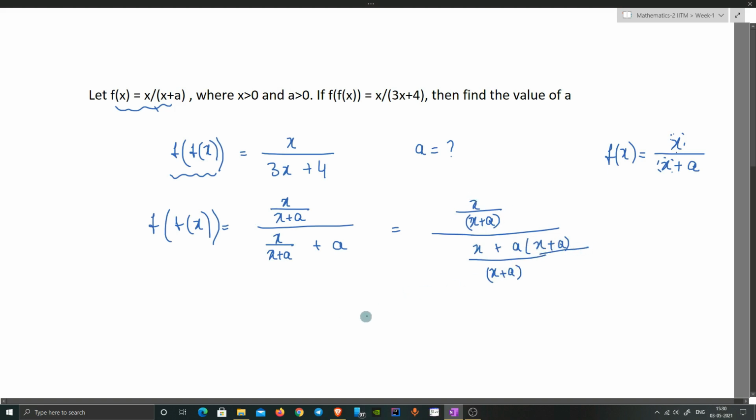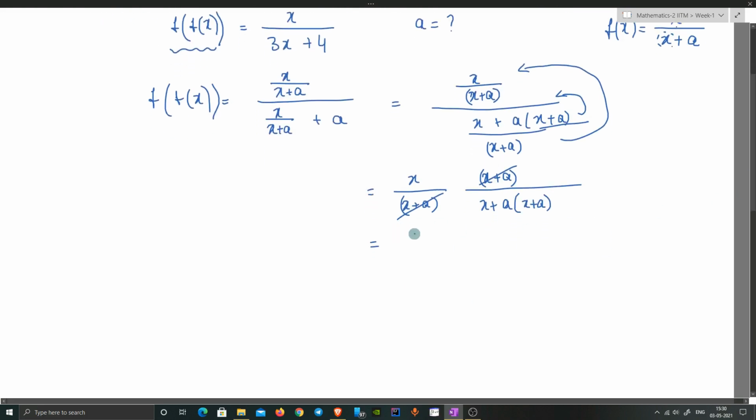Now this can be written as x divided by x plus a, whole divided by x plus a into x plus a, right? The x plus a and x plus a will be cancelled. What I'll have is x divided by x plus ax plus a square.